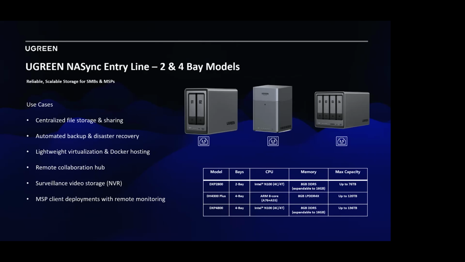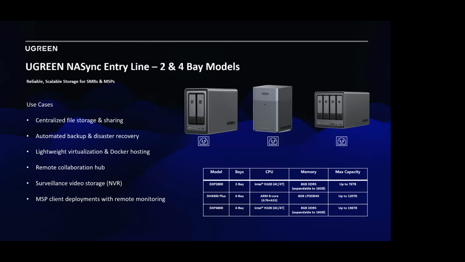The DXP4800 is a 4 bay device with the same N100 processor as the 2800, and 8 gigs of RAM. These are entry-level devices with a 2.5 gig port built in, so no more 1 gig ports.